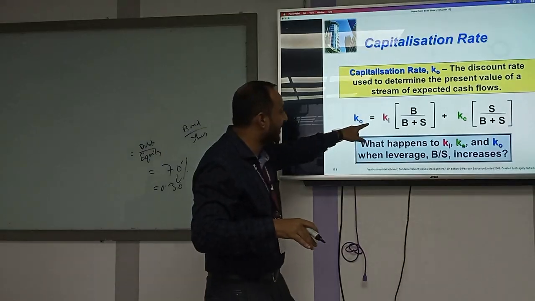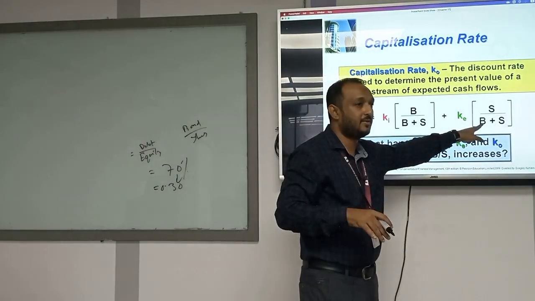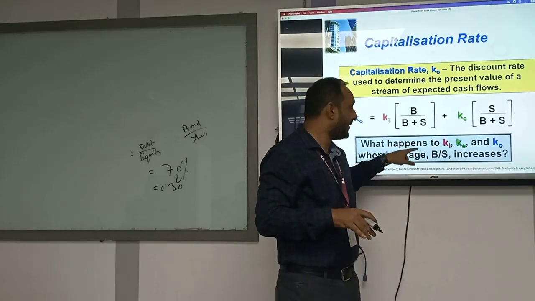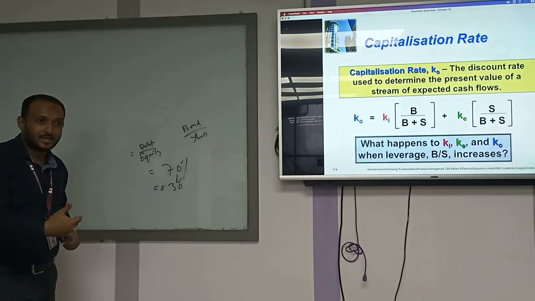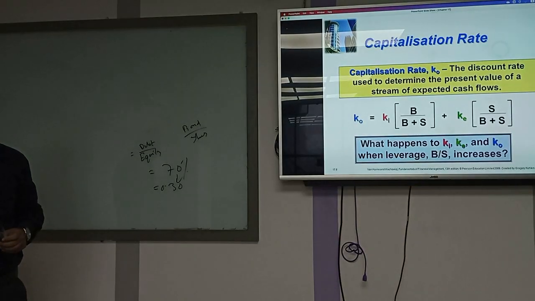What happens to KI, KE and KO we will find by solving the maths, and through this we will identify what happens.